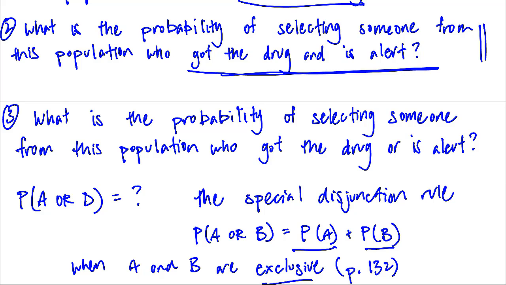So for this one, the probability for drug and alert, we need to use the general conjunction rule.